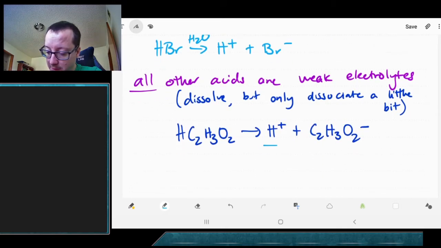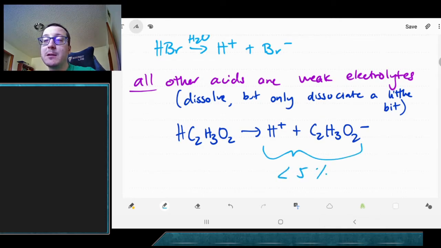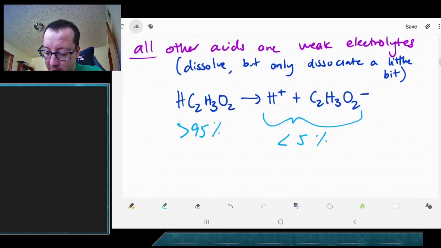We're going to see that maybe less than 5% of these acid molecules will break apart. In reality, it's closer to 1%. These do not typically break apart. They will dissolve, but they don't break apart like the ions do. And we're going to see that more than 95% would still be as the molecules.